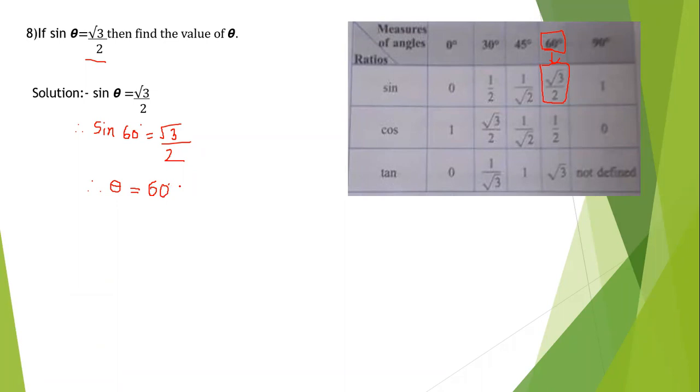So you have to just write 60 degree in the final statement and put that also in a box. So the value of theta we got is 60 degrees.